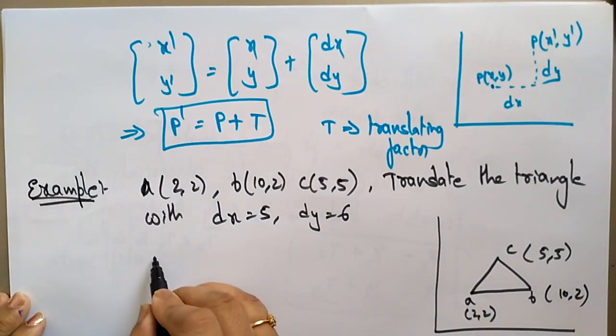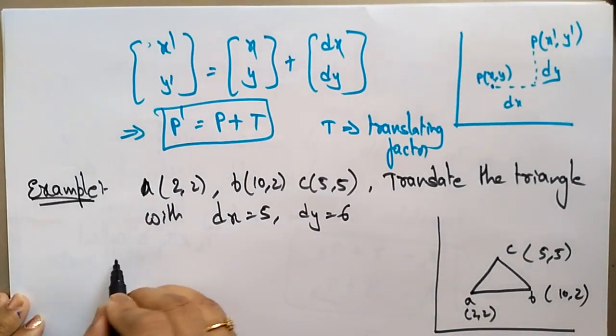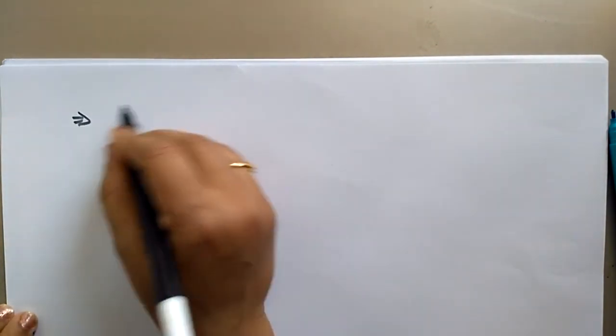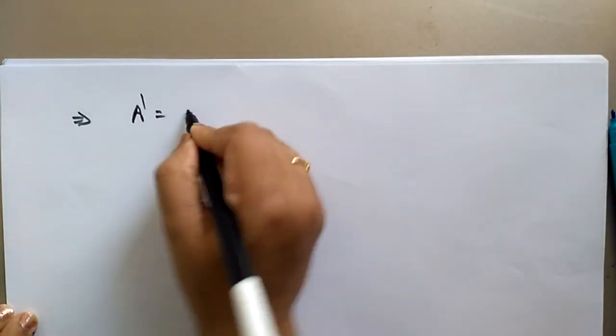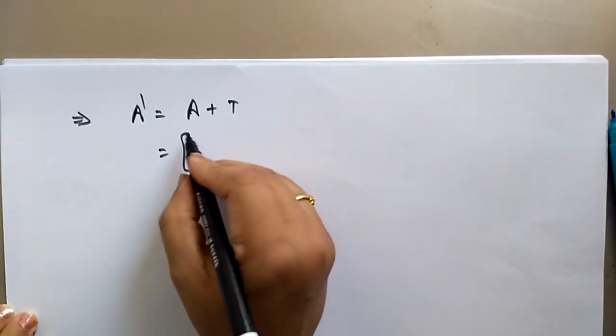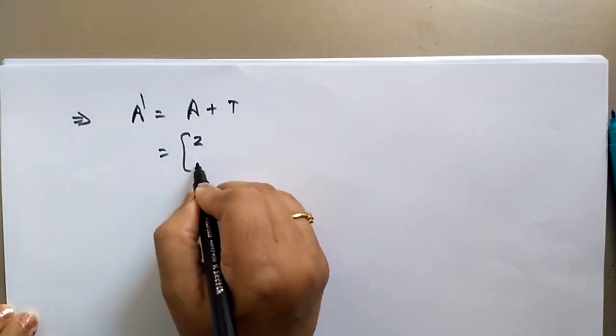So what's the formula? Let me take the formula P dash is equal to P plus T. Right. Let me take a fresh paper. So first in terms of A it needs to be calculated. So A dash is equal to A plus T. So what are the A coordinates here? xy 2, 2.